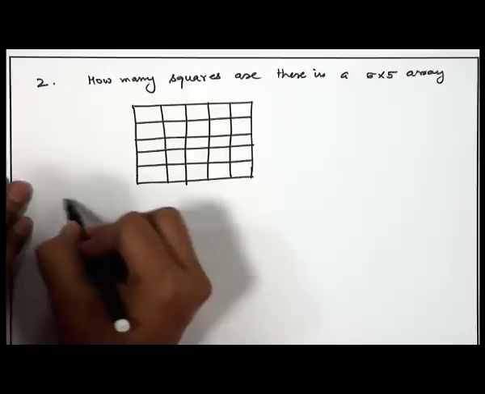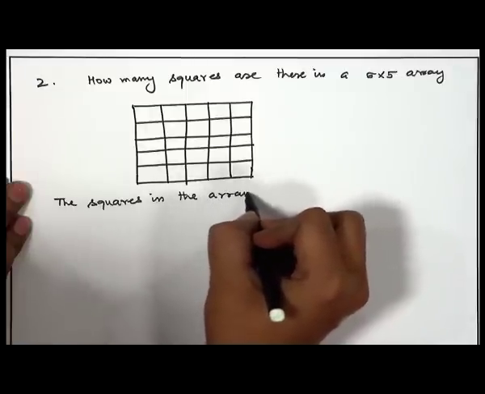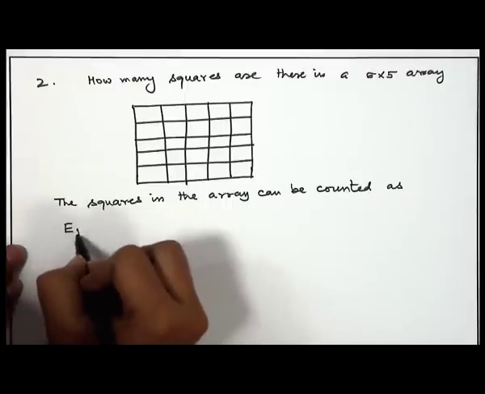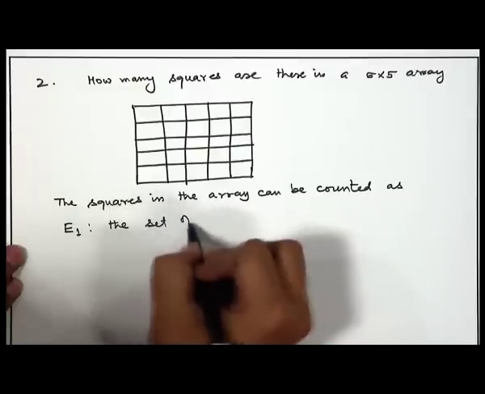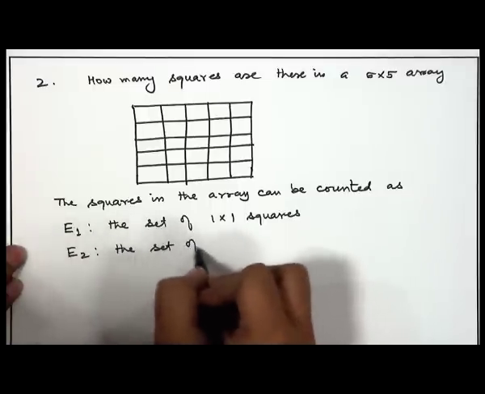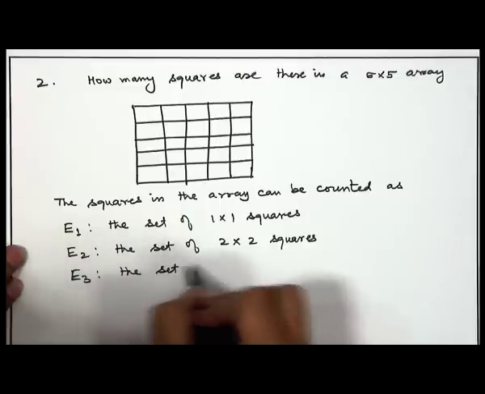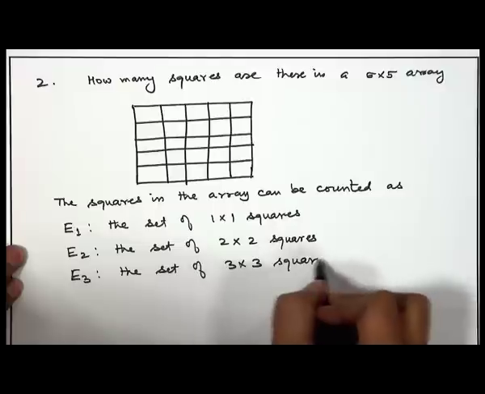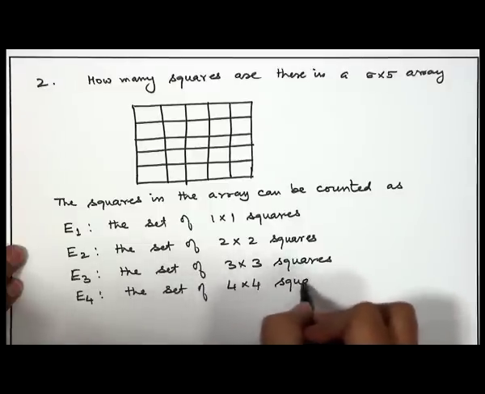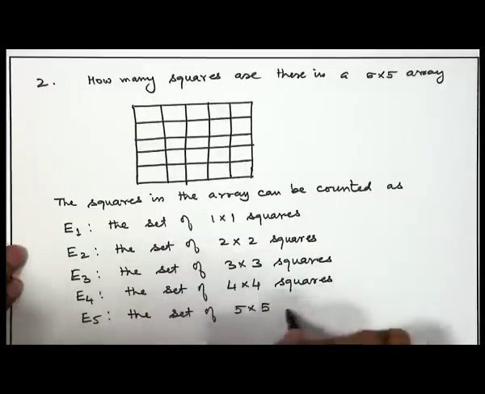So, if we consider the squares in the array, they can be counted as E1, the set of 1 by 1 squares, E2 is the set of say 2 by 2 squares, E3 the set of 3 by 3 squares, E4 is the set of 4 by 4 squares, and E5 is the set of 5 by 5 squares.